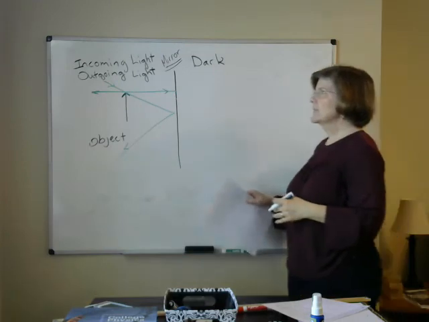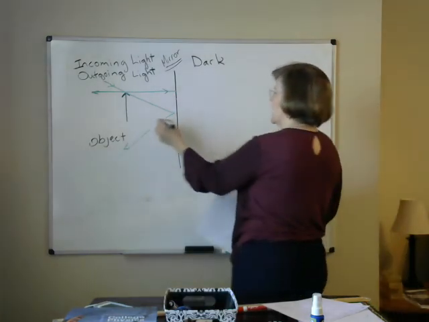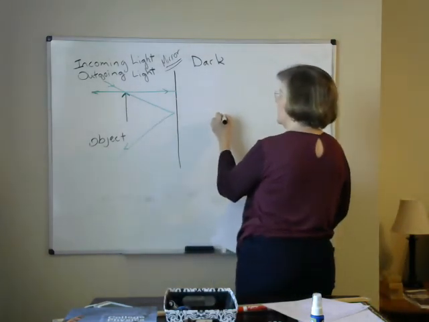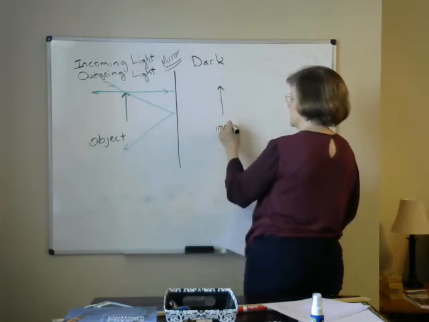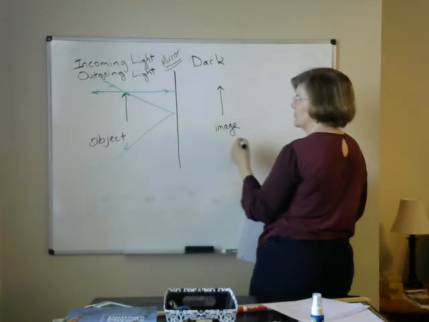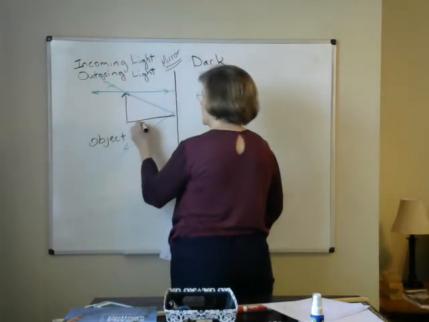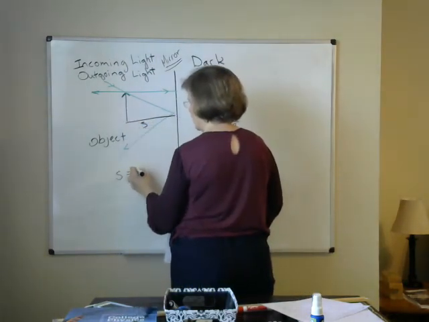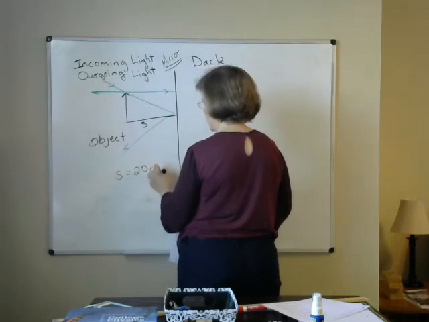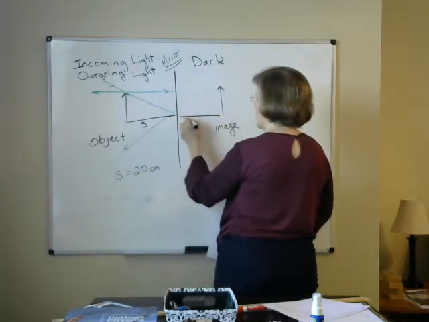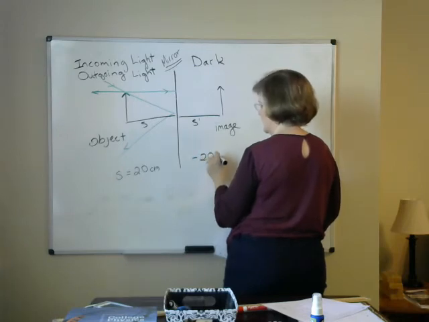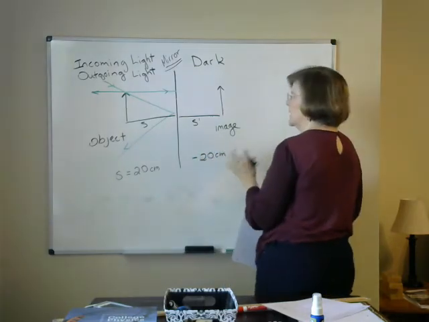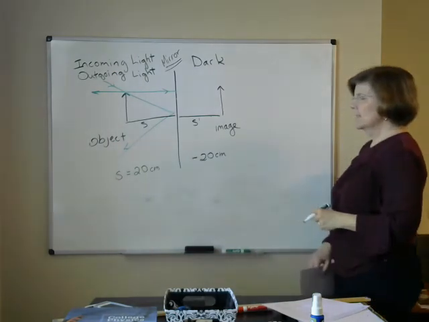Over here on the dark side, we don't have any light. However, this is where our image formed. Now, an example that I just drew, this distance S was about 20 centimeters. And this distance S prime would be negative 20 centimeters, because it's not on the side of outgoing light.